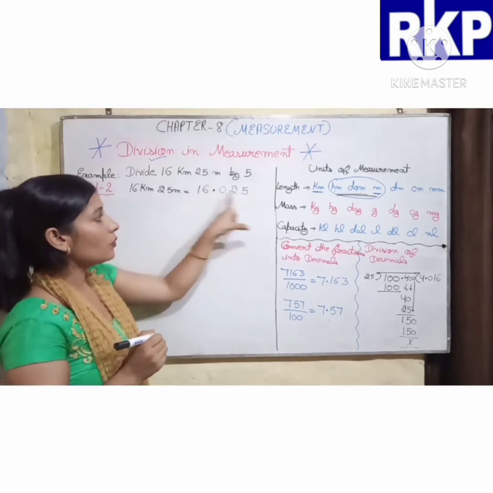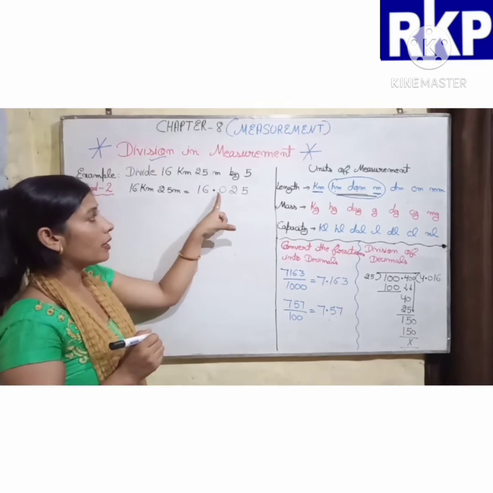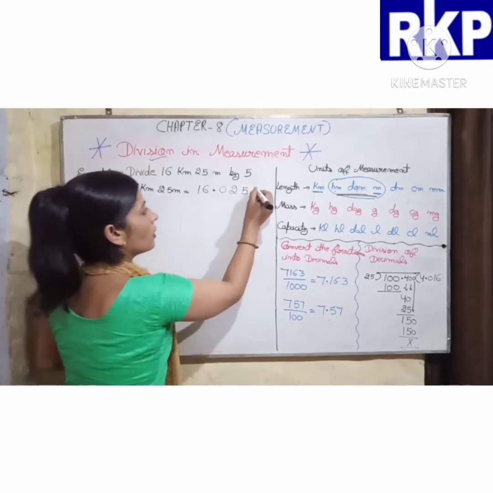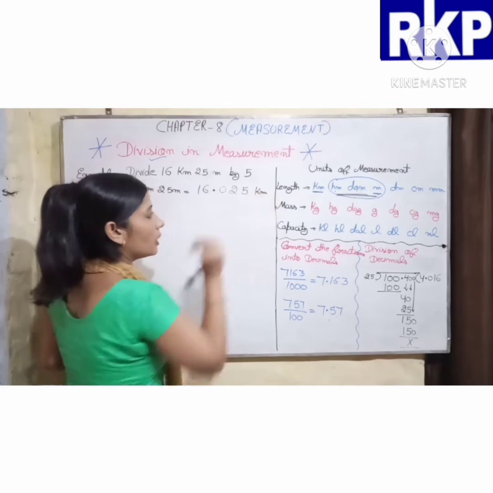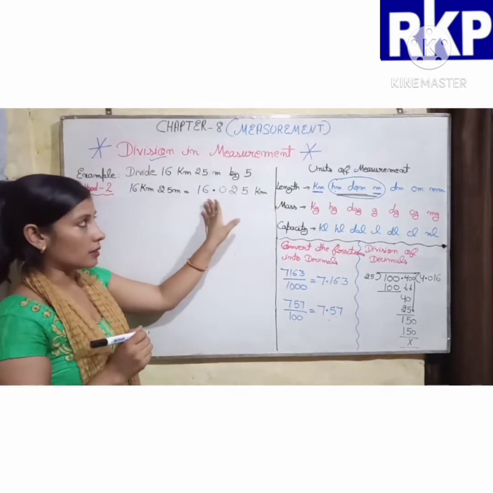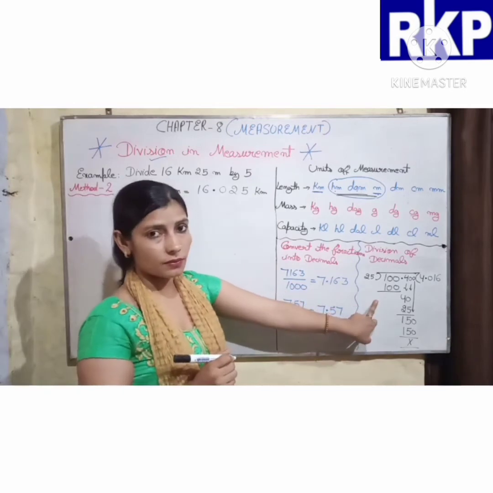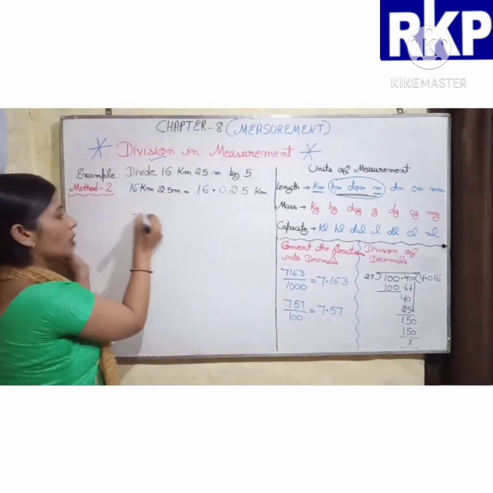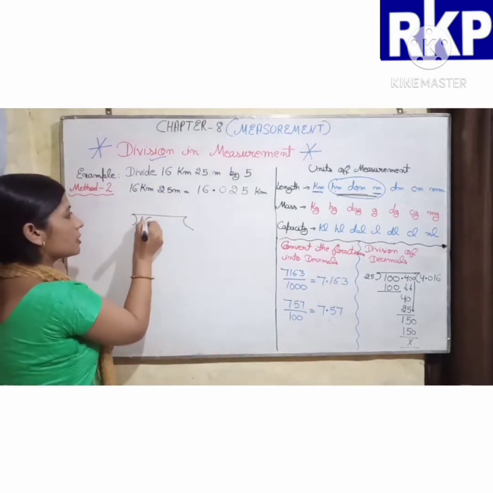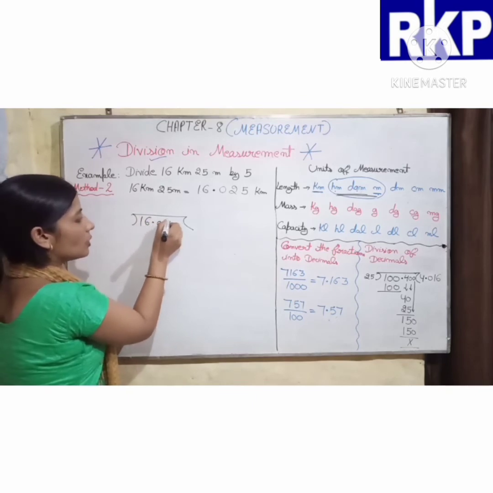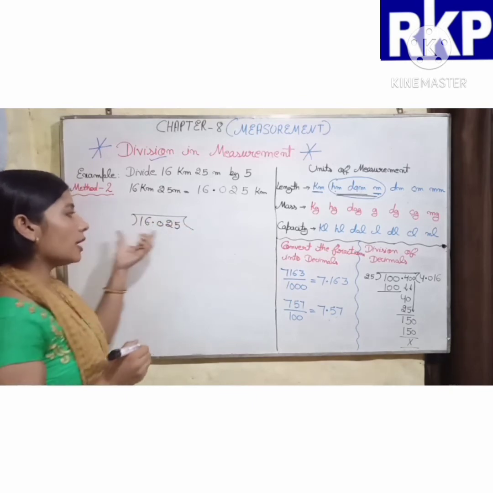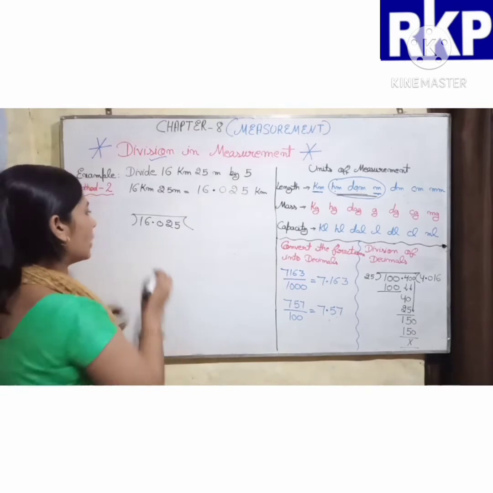And if we write like this, 16.025 kilometers, now we have to divide this by 5 like decimals. So now write here 16.025, and we have to divide this by 5.